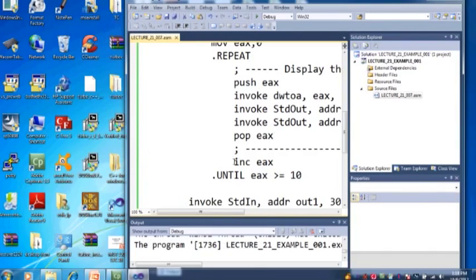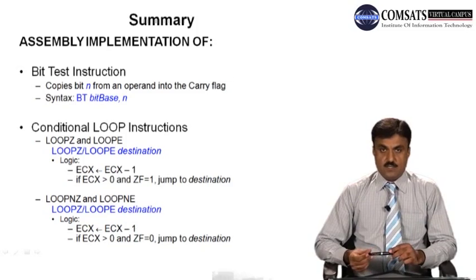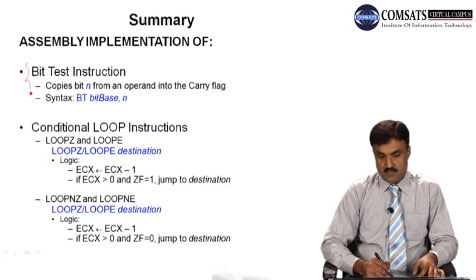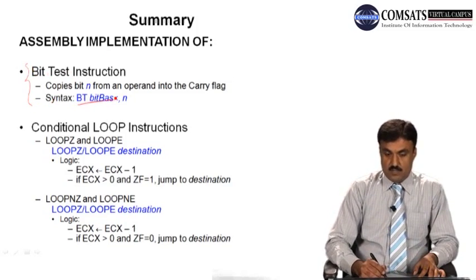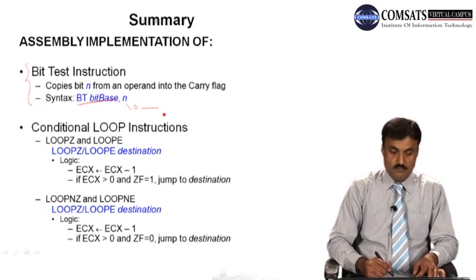Similarly for repeat and while, if you see the disassembly, you will see the same code. Now we want to summarize the lecture. In this lecture we have seen the implementation of bit test inside the assembly. Bit numbers start from 0 and we can test any of the bits in either a register or in a variable whatsoever.